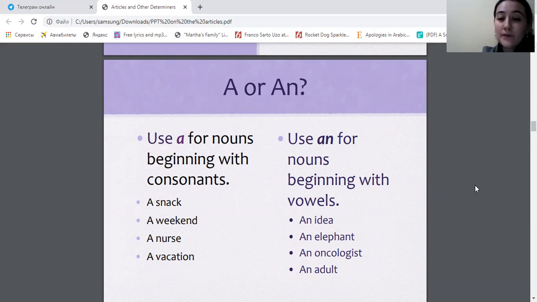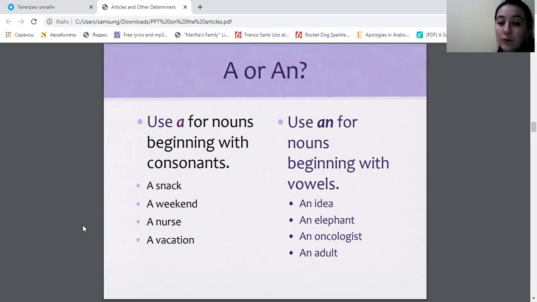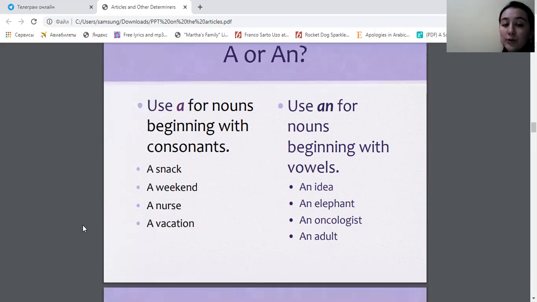So a snack, S is a consonant here, that's why we put a here. A weekend, W is a consonant, a nurse, a vacation, N and V are consonants. An idea, I is a vowel, that's why the article an is used. An elephant, an oncologist, an adult. O and A are also vowels, that's why we use the article an here.